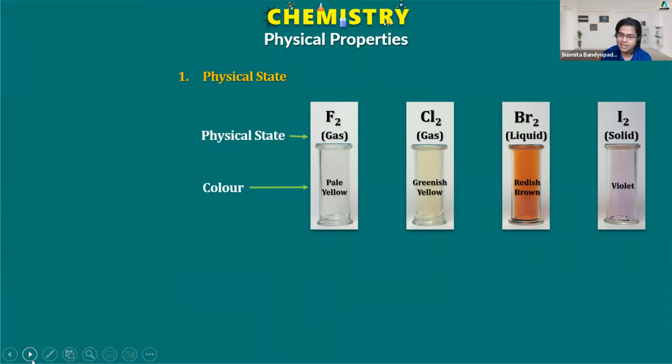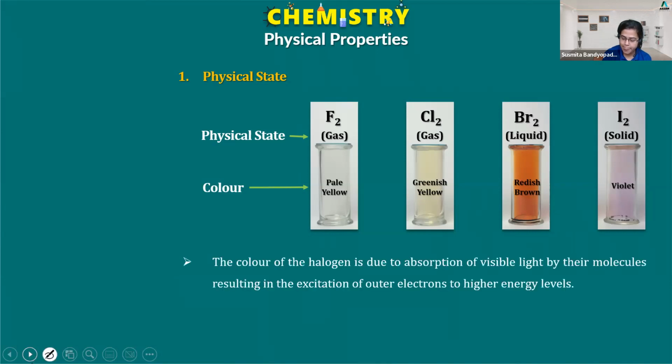Everyone knows about greenish yellow chlorine, reddish brown bromine, and violet iodine. What is the reason for color in general? The unpaired electrons get excited, and from the excited state, when they jump back to the ground state, they emit energy in the form of radiations in the visible region. We can see the respective color.